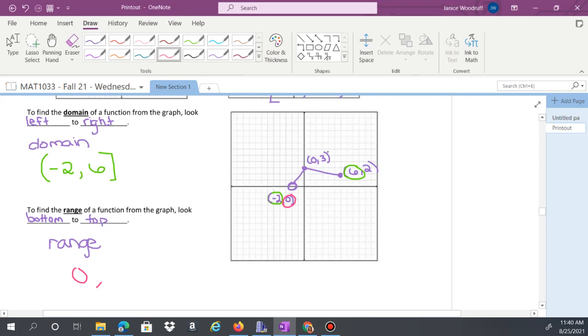This 0, 3. So we want the 3 value there. That's going to be the highest point. Then we look at the circles. The 3 has a closed circle. That will get a bracket. The 0 has an open circle. It gets a parentheses. Is this a function? Yeah, this is a function.